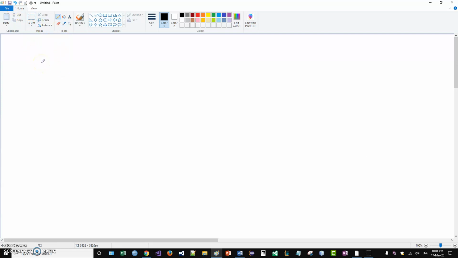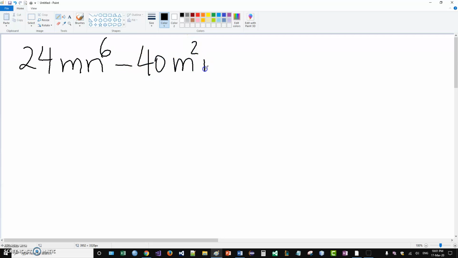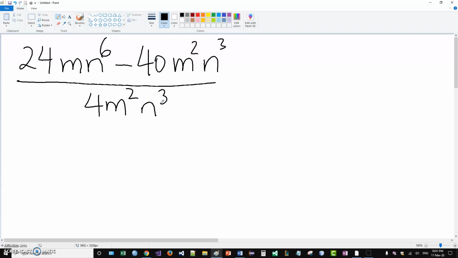Let's say we have 24mn to the power 6 minus 40m squared n cubed divided by 4m squared n cubed. Now, as we said before, you divide each term of the polynomial by the monomial, which is this one.